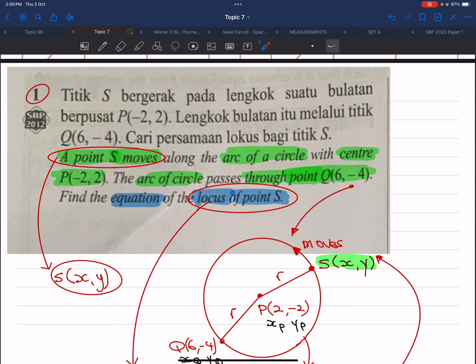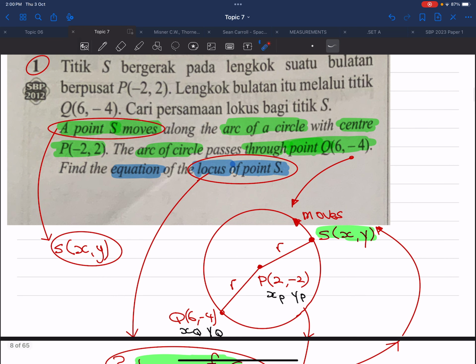So we collect the circle with the center P negative 2, 2. So this point P negative 2, 2 is the center of the circle. Next, the arc of the circle passes through another point Q, 6, negative 4.